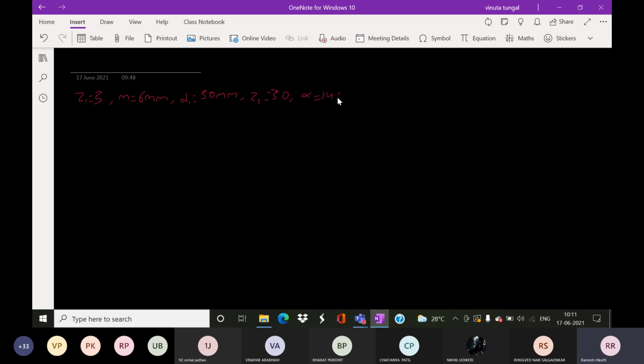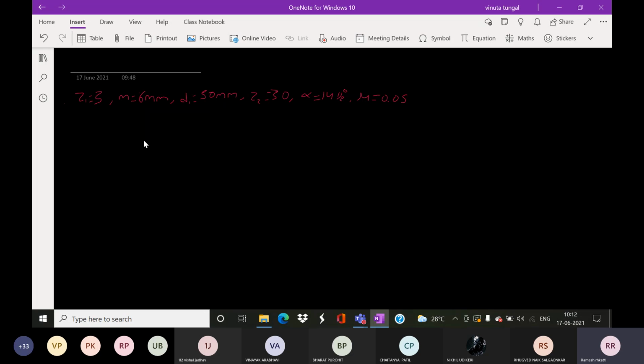Alpha is 14.5 degree. And coefficient of friction of the worm gear is 0.05, means he has given mu. Mu is nothing but coefficient of friction, it is 0.05.